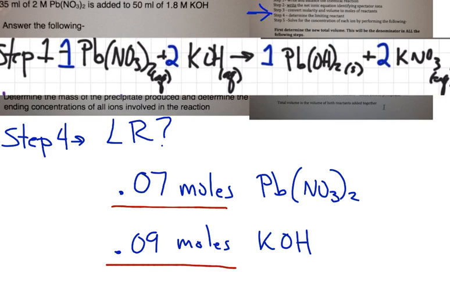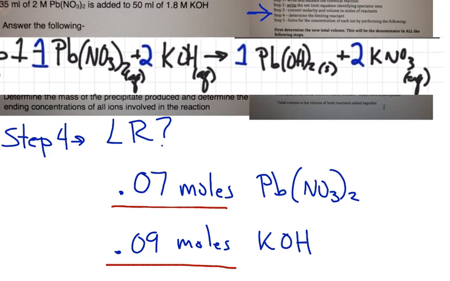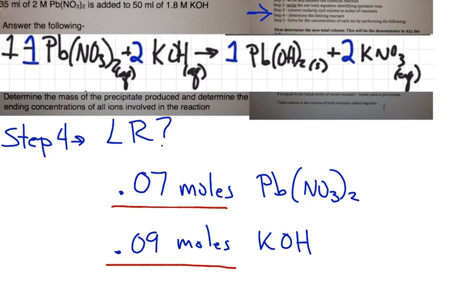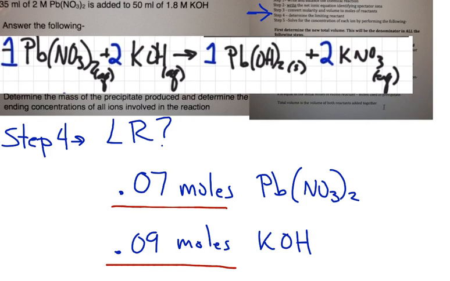I owned it, I made it, so I can steal whatever I want. All right, in step 1, we had this balanced equation. If you understand what a balanced equation is really telling you, then this one's very easy to figure out which is the limiting reactant. If you look up here, you have 1 lead nitrate reacting for every 2 potassium hydroxides.